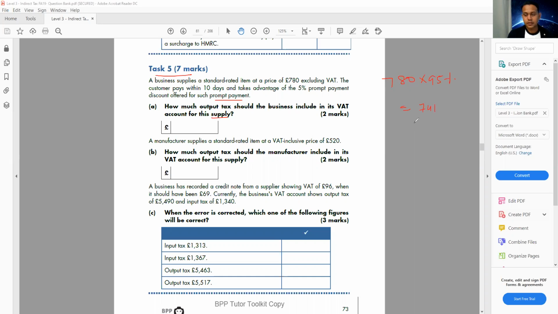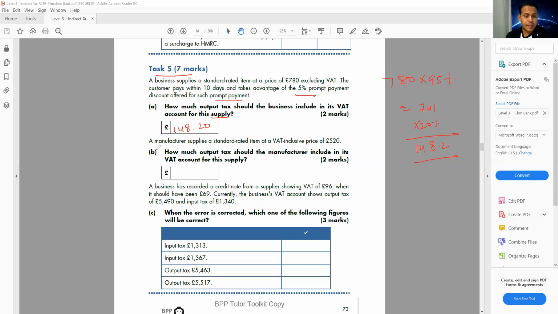And 20% VAT on that gives us 148.20. Well done, Creed. Very well done, Linji. So that's how we can calculate this one. With the prompt payment discount, we always have to deduct it.